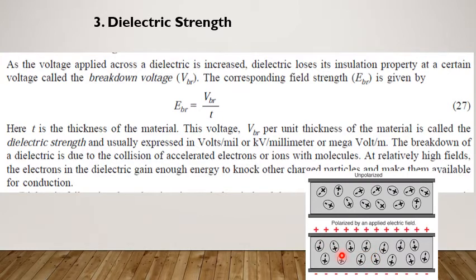Due to this, a large number of electrons will be produced which will flow toward the positive side, and this way the dielectric loses its insulation property and flow of electric current will take place. That voltage at which flow of electric current will take place is called the breakdown voltage.